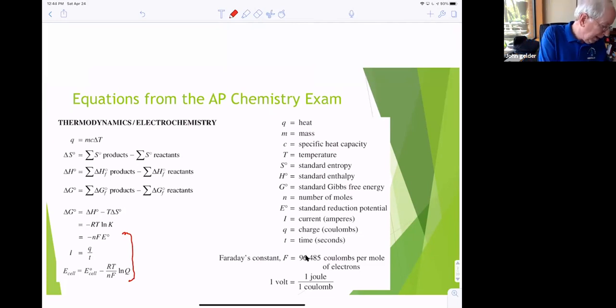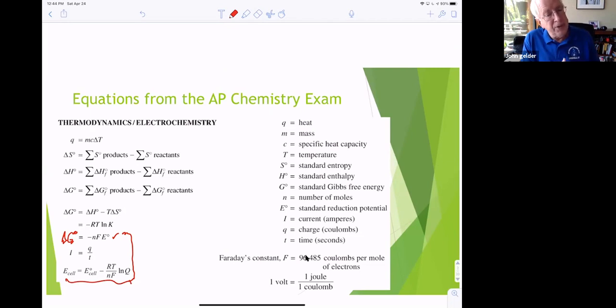And the minus nFE0 is equal to delta G. And then the Nernst equation. The Nernst equation is on the equations page, but it's interesting.